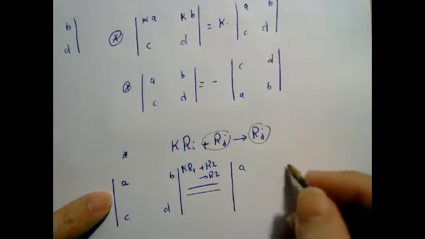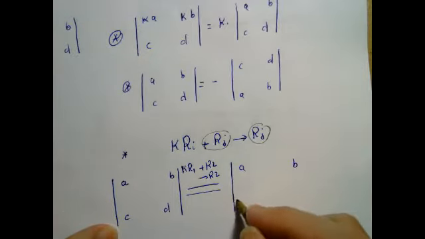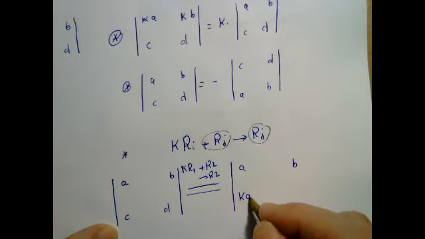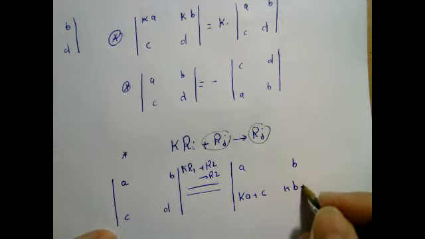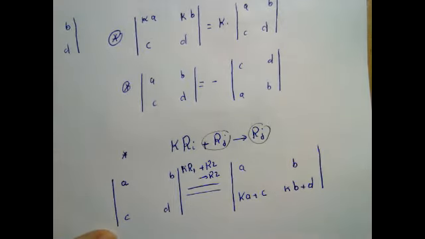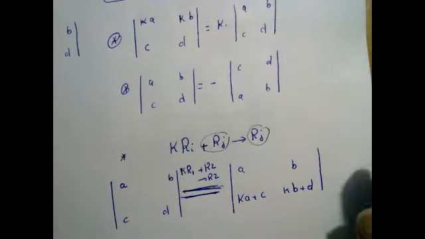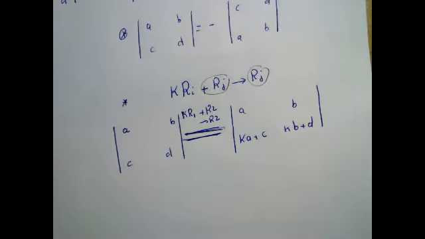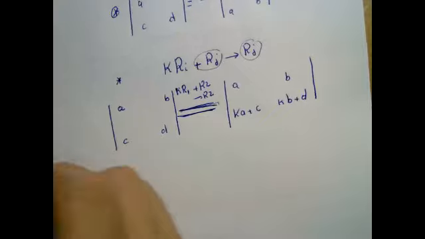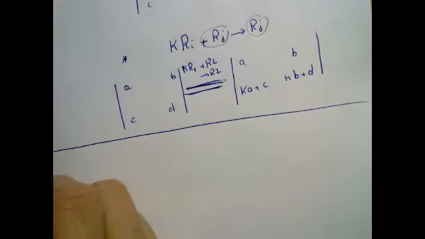I did not touch the first row. I multiply the first by k, add it to the second, and that gives kb plus d. If I do this operation, there is equality. It means the determinant is not changed at all. Okay, so these are the effects of elementary row operations on a matrix. With this in mind, I will look at number 20 in the book.